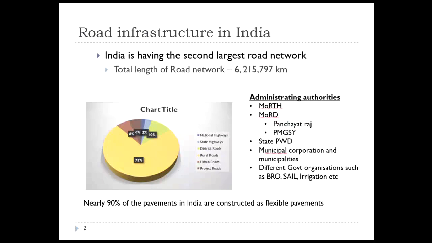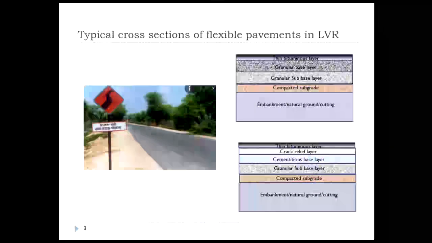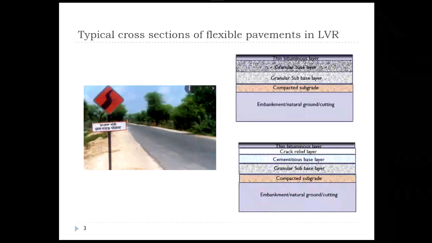Now, let us see what are the typical cross sections of flexible pavements that we follow in India. As you all understand, flexible pavements are basically designed as per IRC SP 72, the Indian Roads Congress guideline. It provides two kinds of catalogs. The first combination is a bituminous surface placed above granular subbase and base layers.